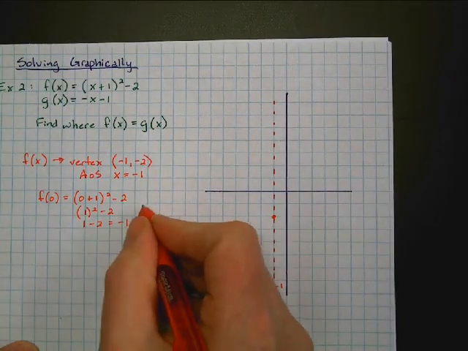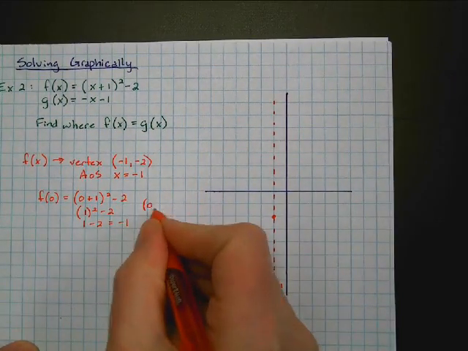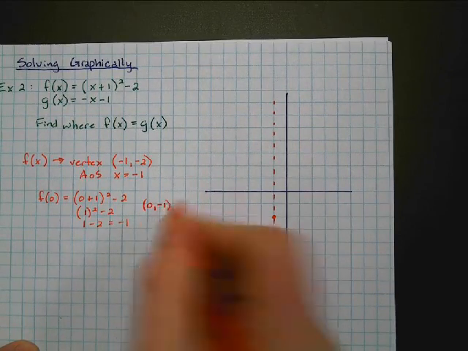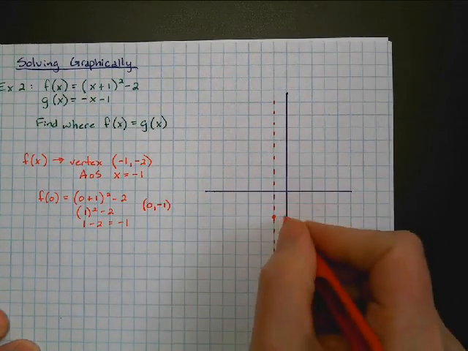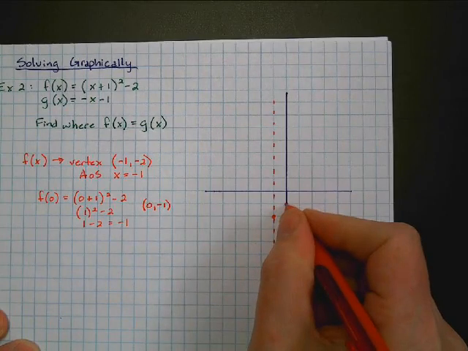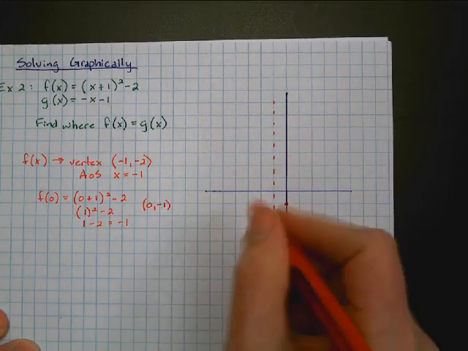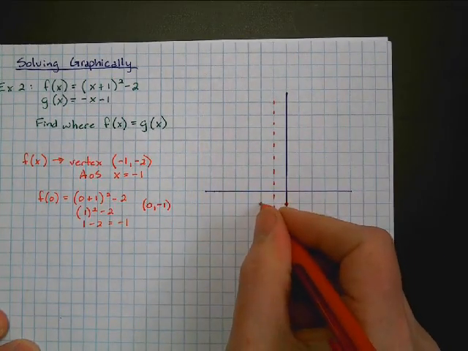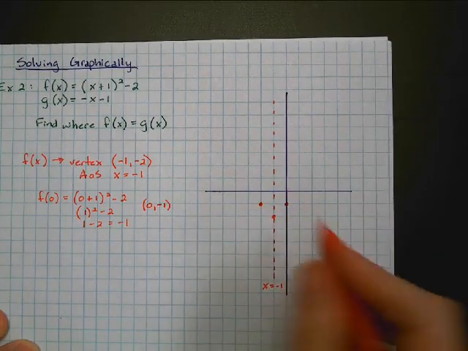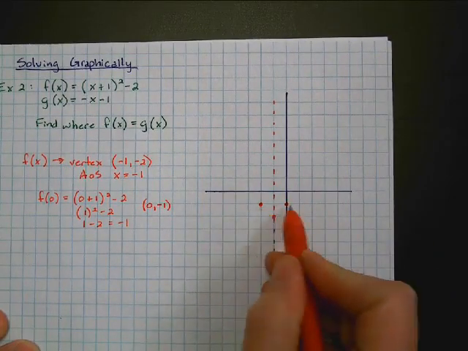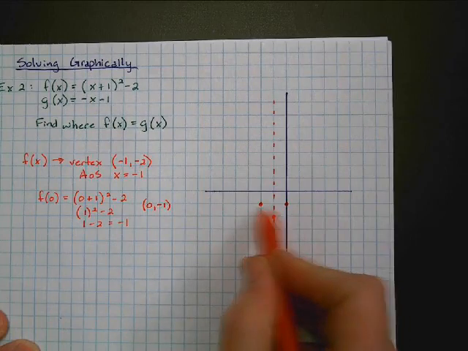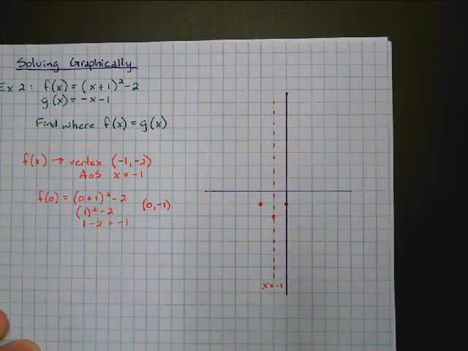So I plugged in 0, and I got negative 1 for y. So 0, negative 1 is right here. That's one of the points on my parabola. My other point would be over here at negative 2, negative 1, because the axis of symmetry is a mirror, making the parabola a mirror image on either side.